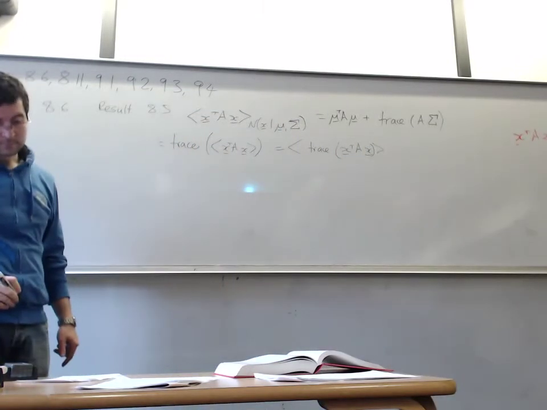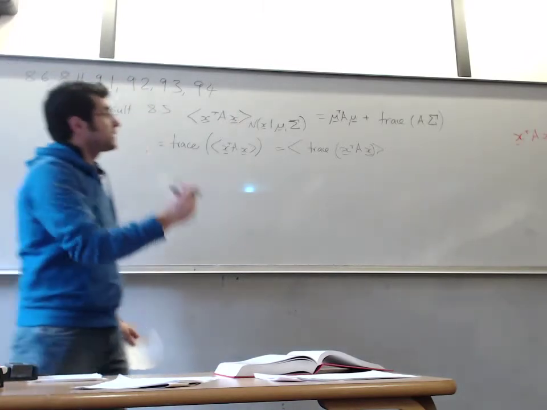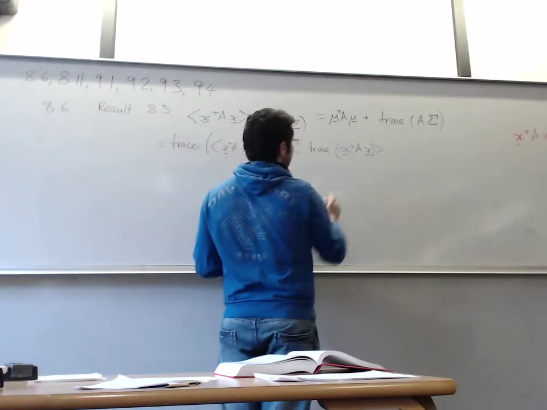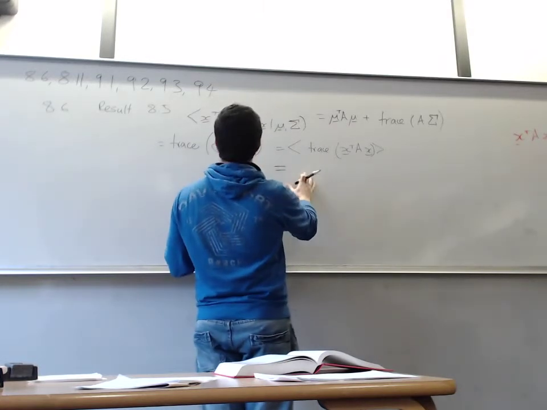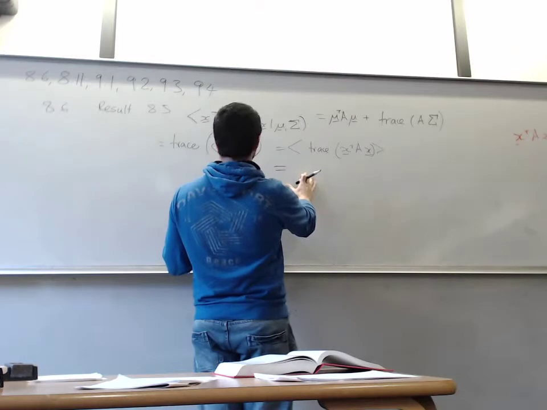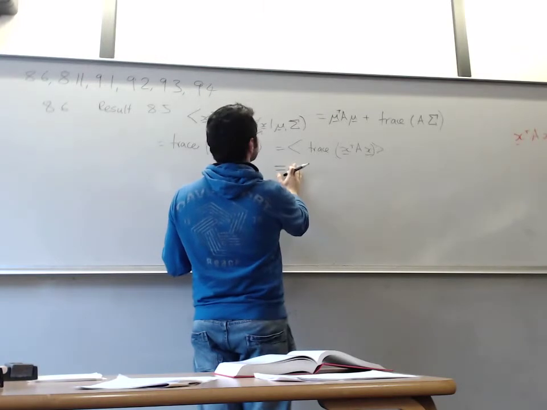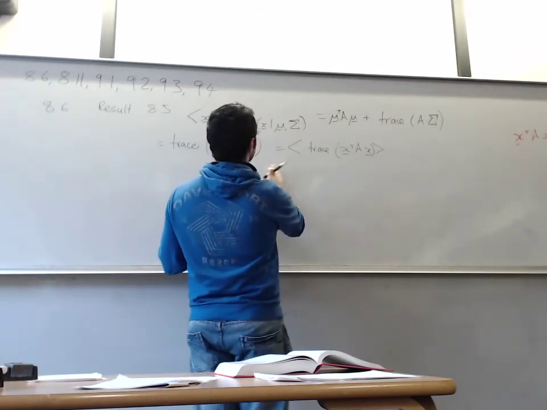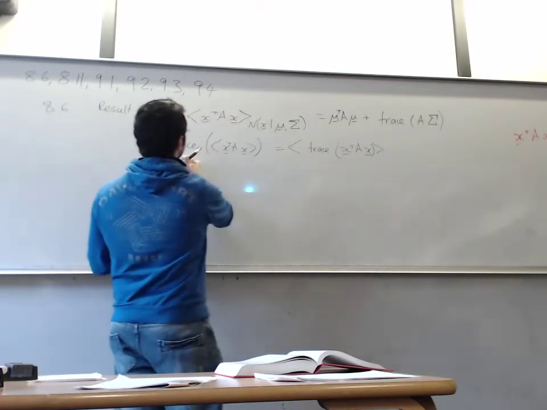And now we can use the fact about trace that we can commute these things. And so I can write this as, right, so the point is that I can take the trace of this thing and go from that to that.